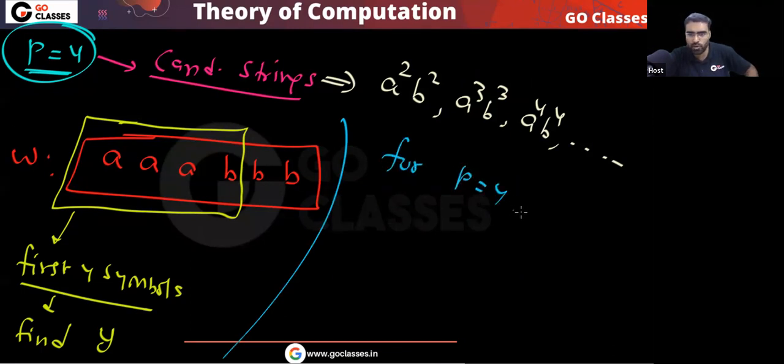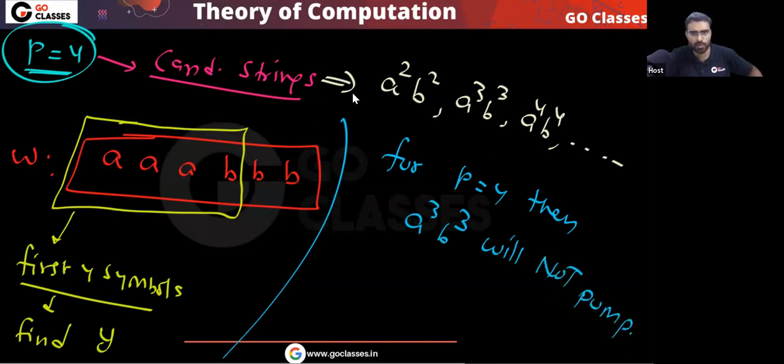If you take P equal to 4, then this a power 3, b power 3 will not pump. Or I can say this will violate. Whatever you do, it will not pump. So if you take P equal to 4, this candidate string will not pump.